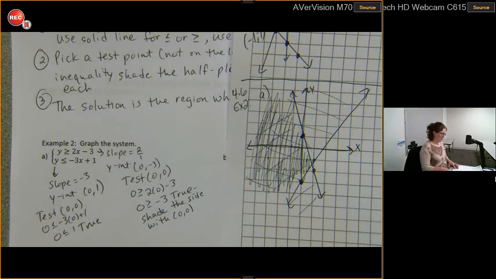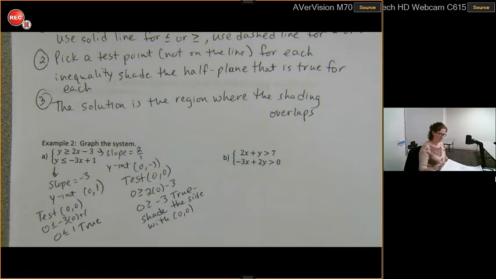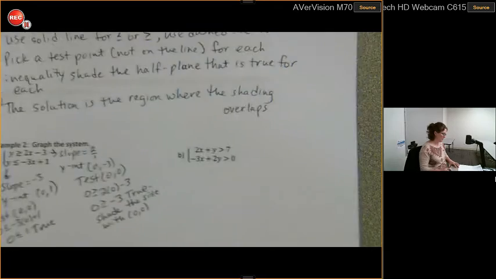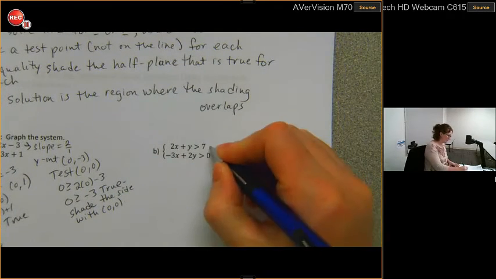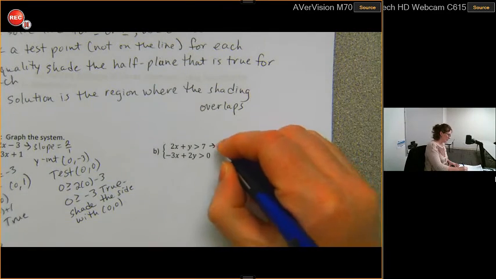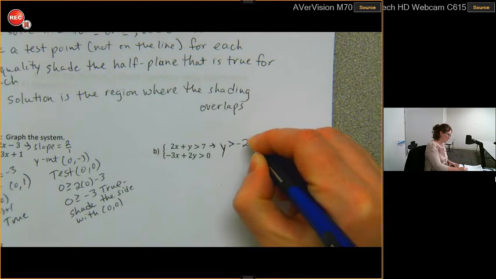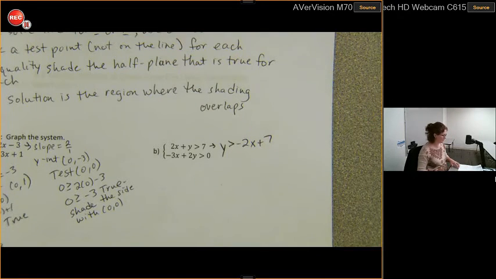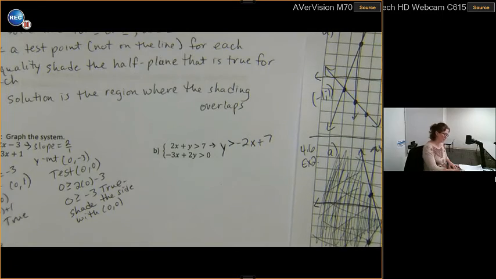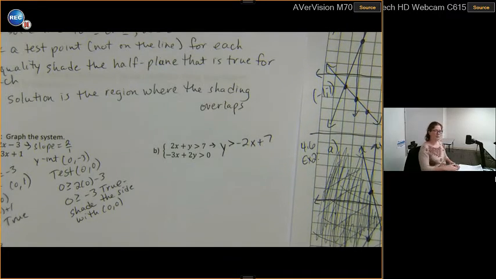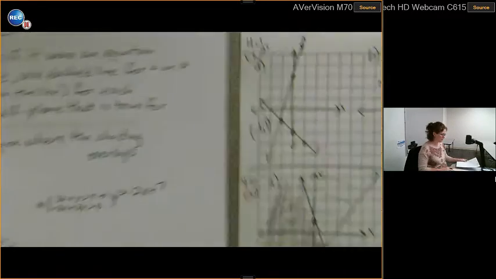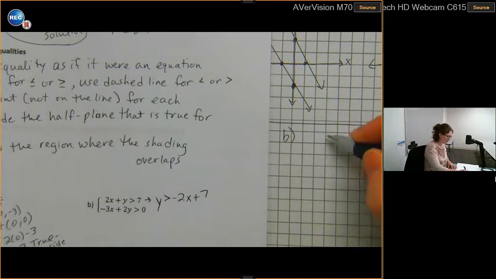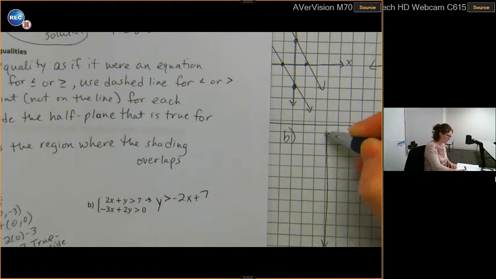All right, graphing, so what do we have? Part B. So when I graph part B, I'm going to rearrange this one because I don't want to graph a fraction. If I tried standard form, I'd end up having to graph a fraction. So when I graph this one, I get a y-intercept of 7 with a slope of 2.